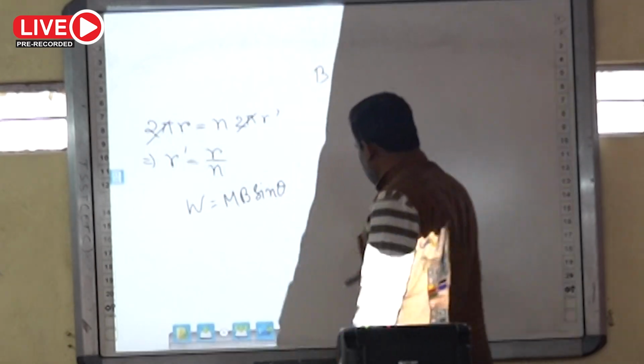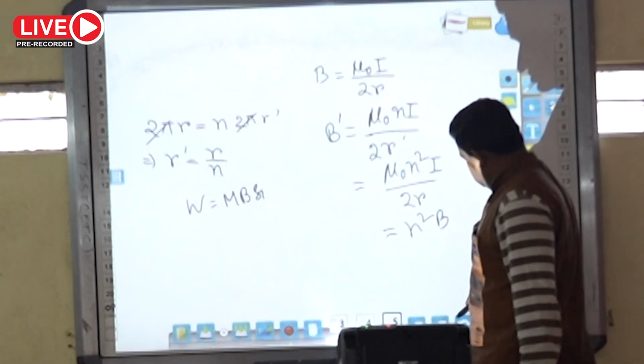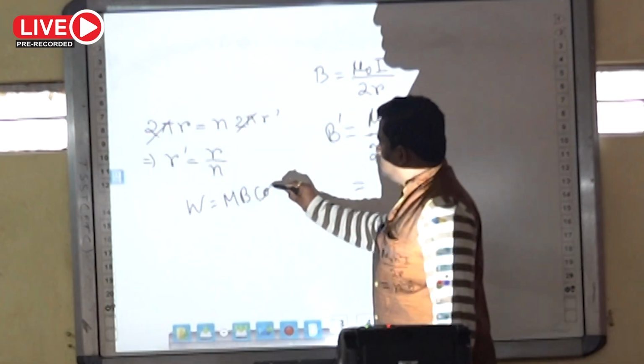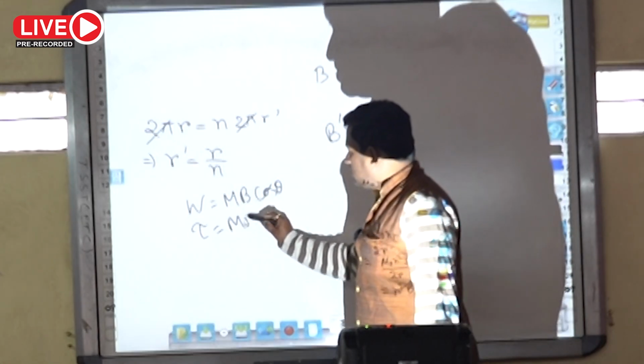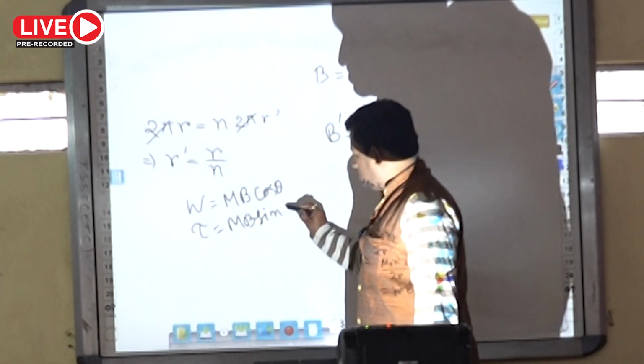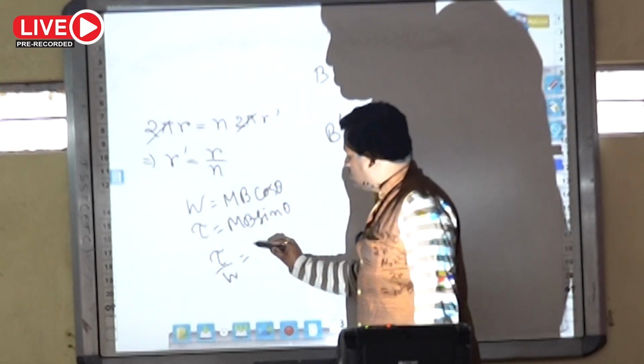No, W equal to mB cos theta, and torque tau equal to mB sin theta. Then divide these two, then tau by W will be equal to tan theta.